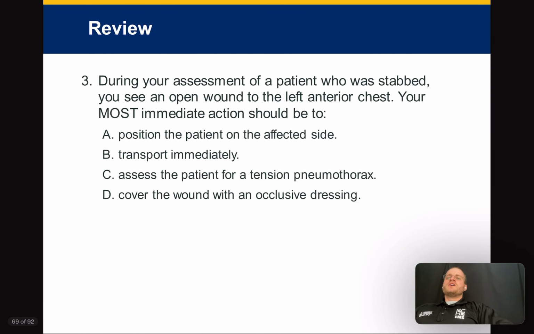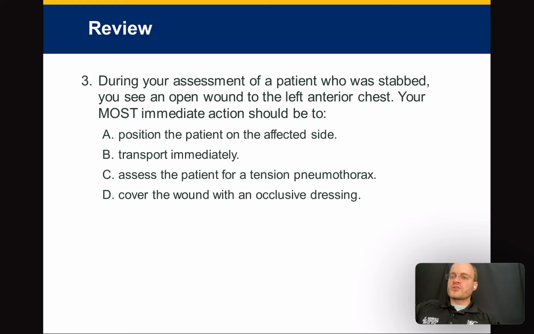Okay. During your assessment of a patient who was stabbed, you see an open wound to the left anterior chest. Where's the left anterior chest? Well, it's mirrored, but for me, it's here. Okay. Your most immediate action should be: position the patient on the affected side, transport immediately, assess the patient for a tension pneumothorax, or cover the wound with an occlusive dressing.